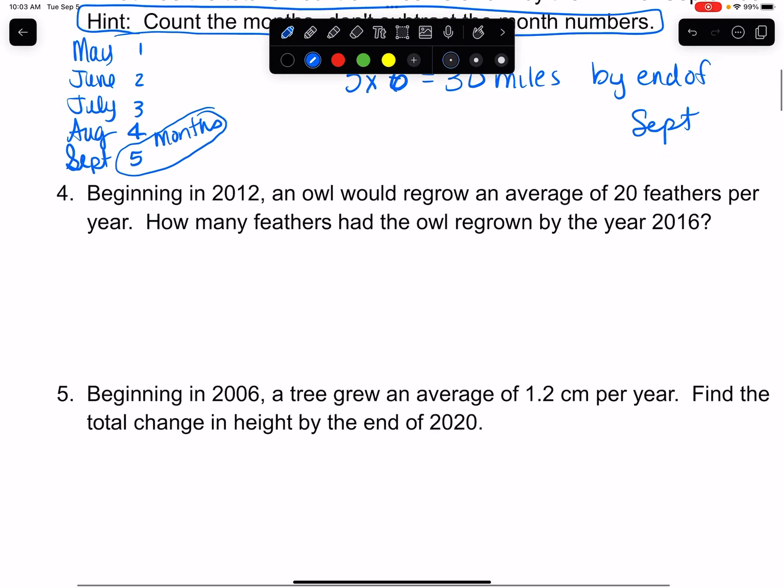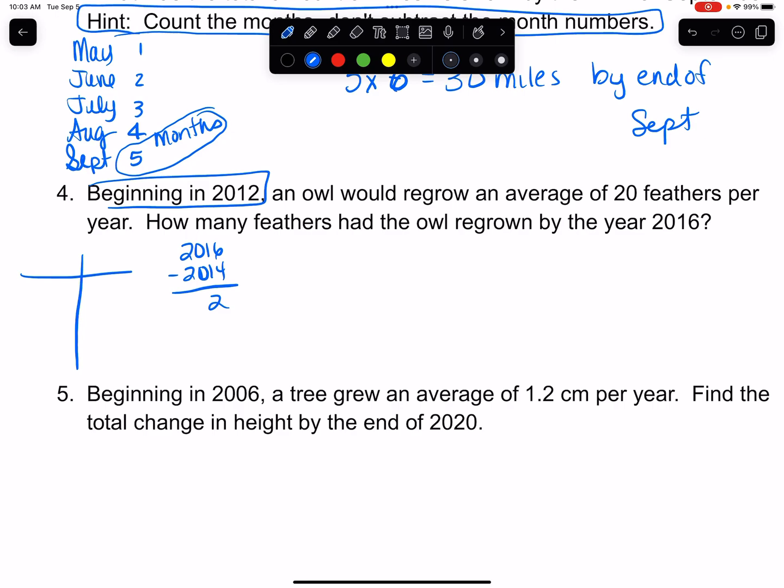All right, so number 4. What kids are prone to do is they're prone to do 2016 minus 2014, and you get 2. But what I want to show you is if you create a table, year and feathers, you will have 2012, 1, 2013, 2, 2014, 3, 2015, 4, and 2016, 5.